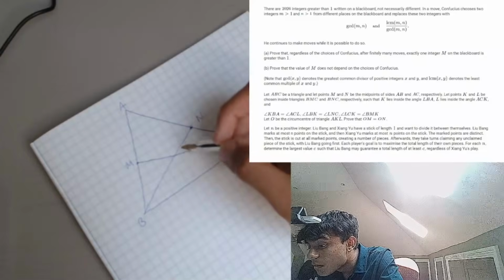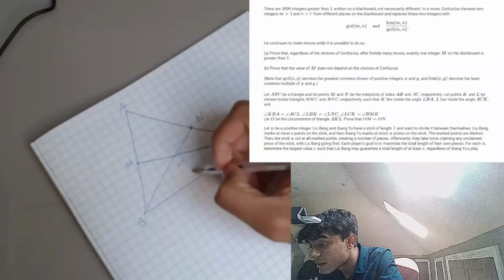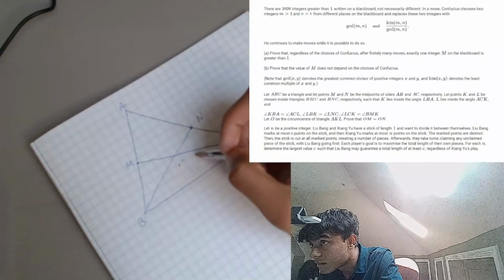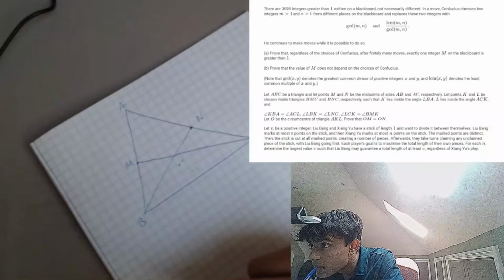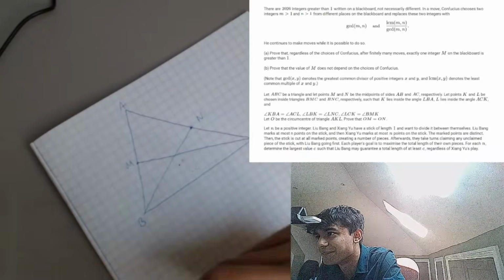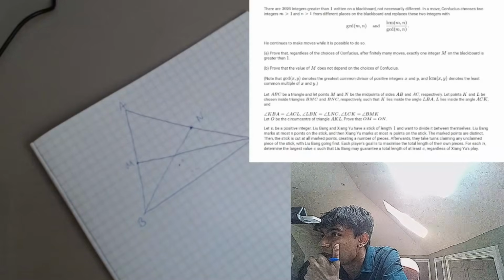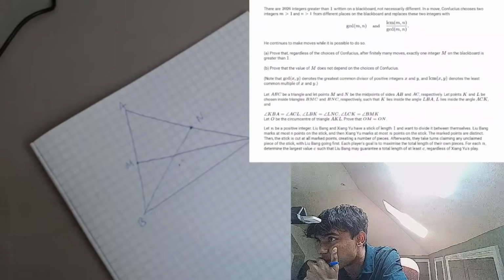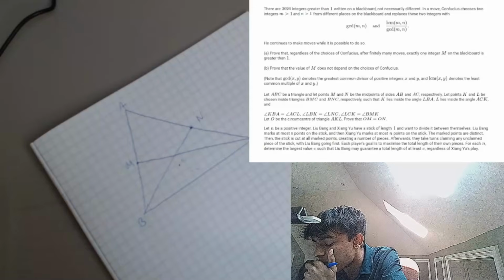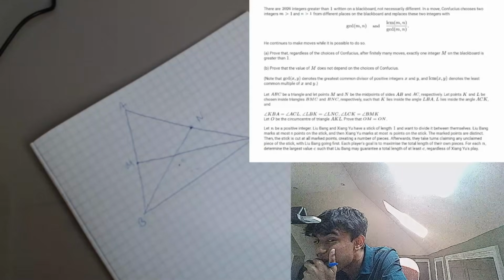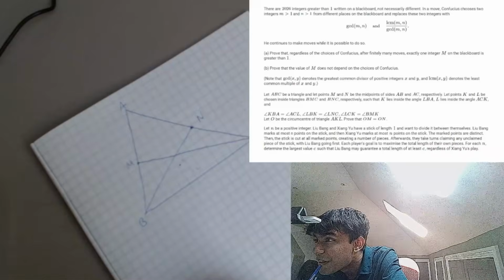Okay, so K is here, L is here. Yeah, kind of. I don't even understand the question. So K is inside the angle LBA, and L is inside the angle ACK. Is that even possible?